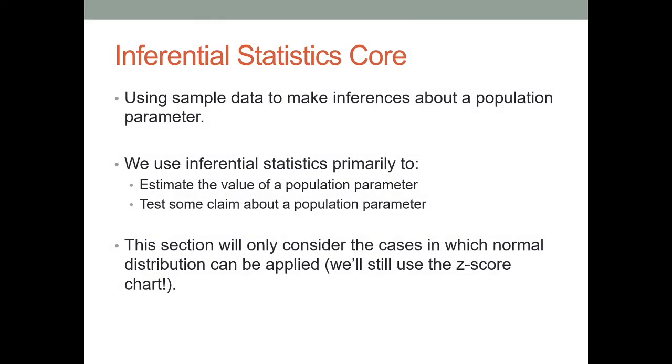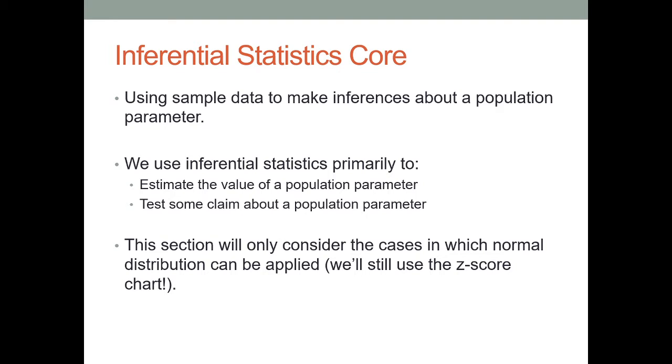So inferential statistics is what we're going into here. Inferential statistics are used to, as the name implies, infer something about a situation or get some sort of analysis from the numbers. What we're going to be doing here is using it to estimate or test some claims about population parameters.